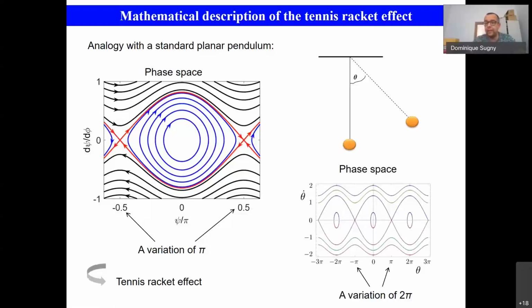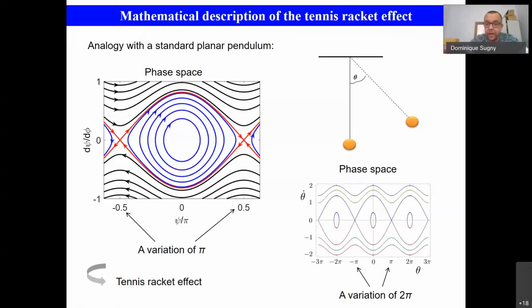The only difference is basically the distance between the 2 unstable points. In a standard planar pendulum, we have a variation of 2 pi between the 2 unstable points, while this variation is equal to pi for the rigid body and for the rotation of the rigid body.